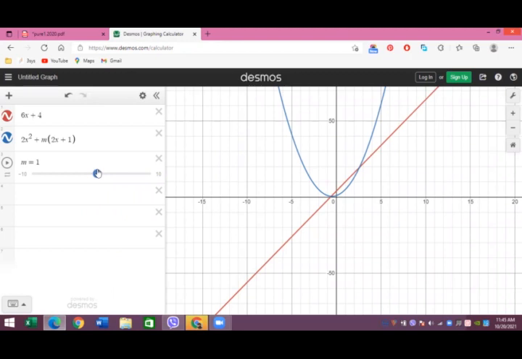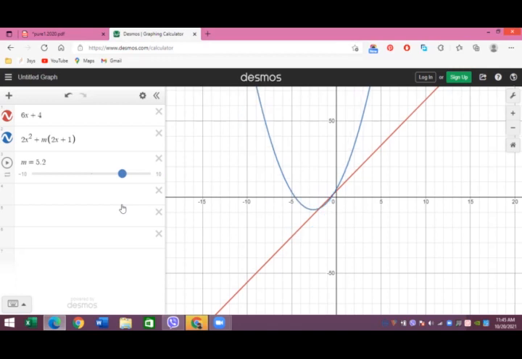You can take up to negative 20 to positive 20, or any values on this scale, so that it will represent all m. So here let's slide this towards m and have a look at this curve. Look here, every time the curve and the line intersect at two different points.